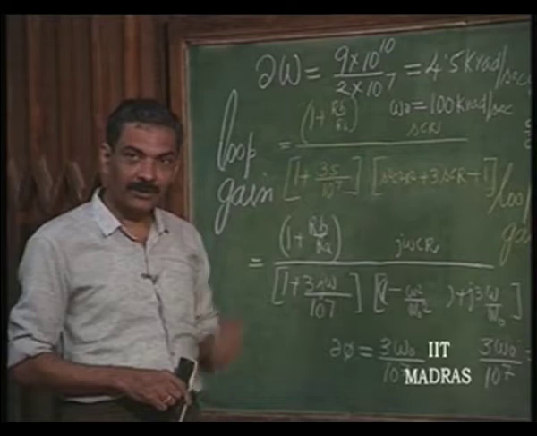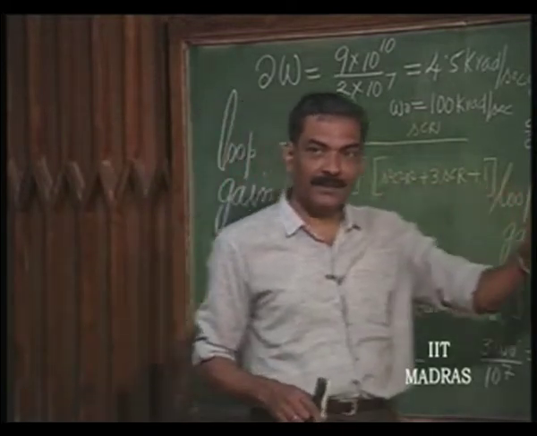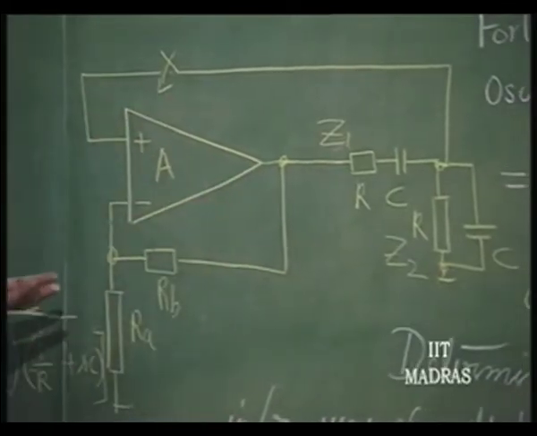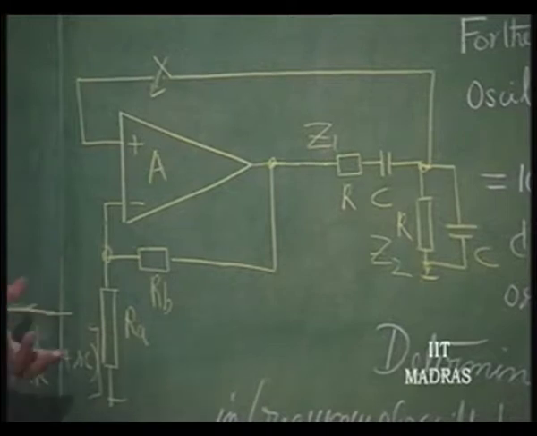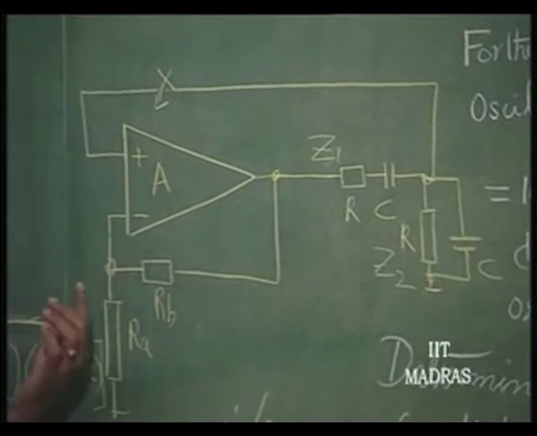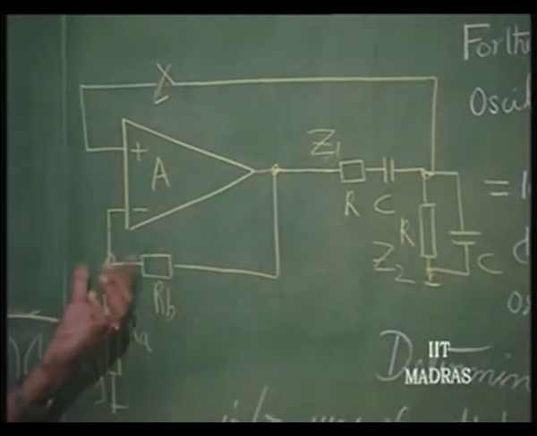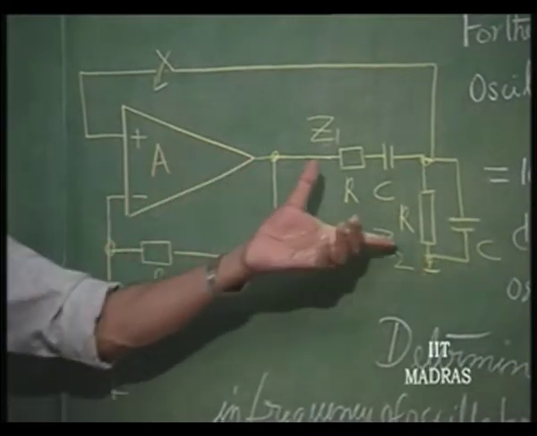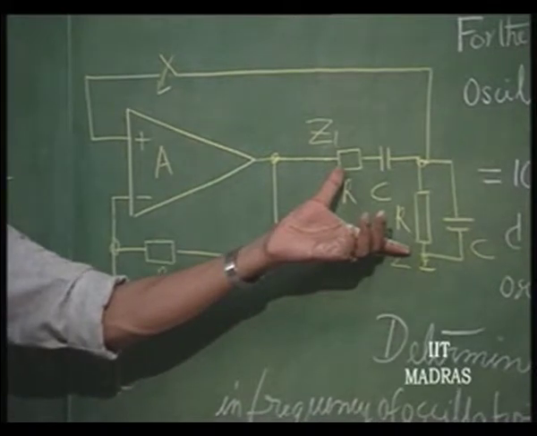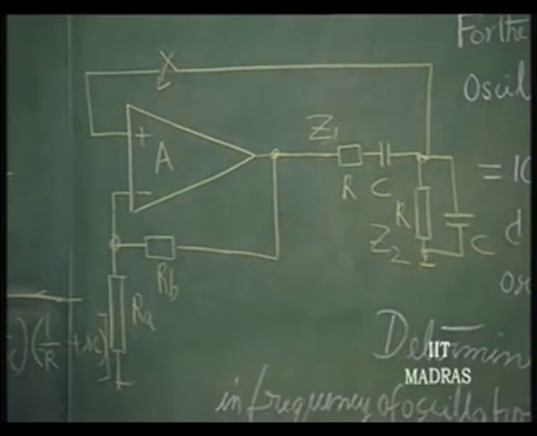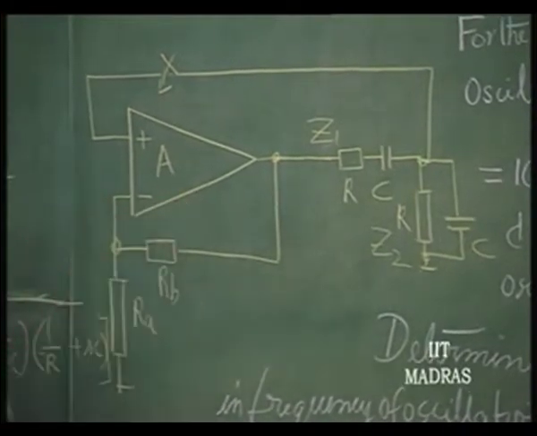So, all RC oscillators like this, whether they are phase shift oscillators or Wien bridge oscillators, they suffer from this great disadvantage that the frequency stability is very poor. The active device that is used, if its phase is frequency dependent, then automatically the compensation has to come from the passive device, and the variation required in frequency of oscillation is enormous for high frequency operation of all these oscillators.